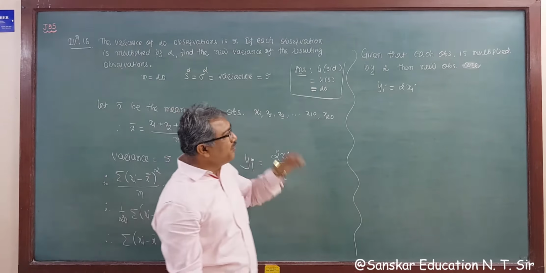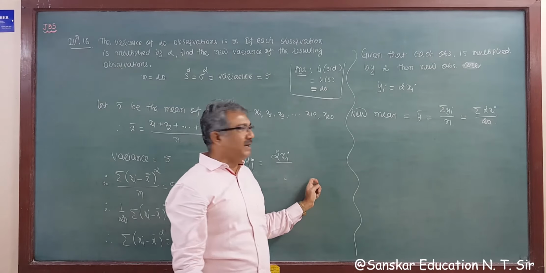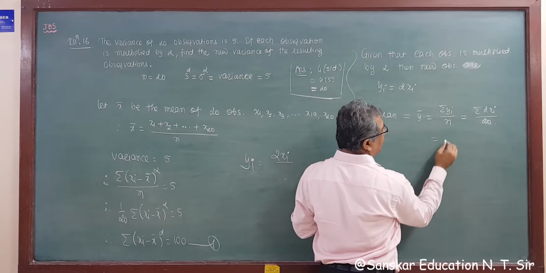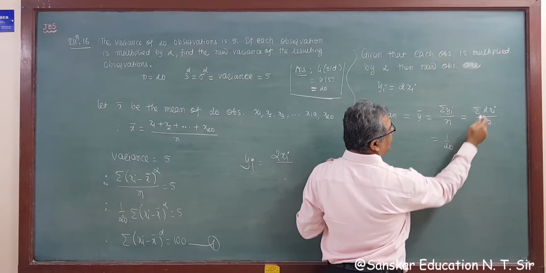So y bar is equal to sigma yi upon n, which is sigma 2xi upon n. n is 20. So the new mean y bar is equal to 1 upon 20, and 2 comes outside, sigma xi.